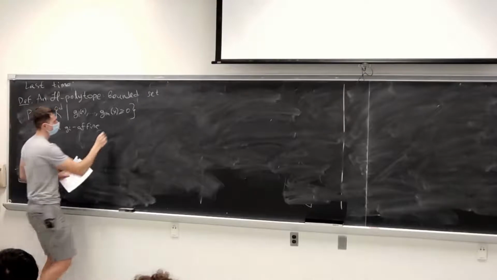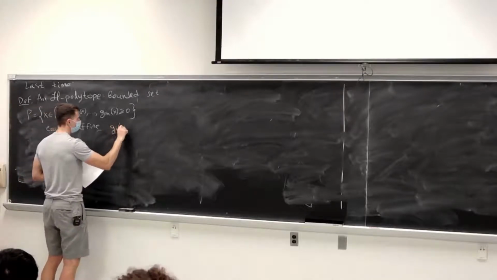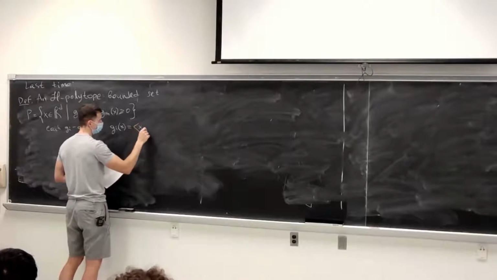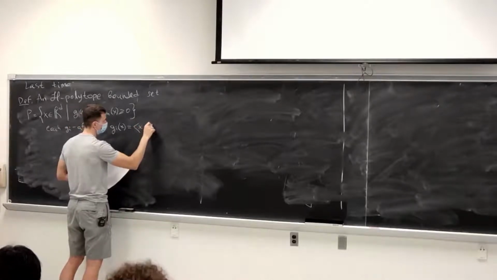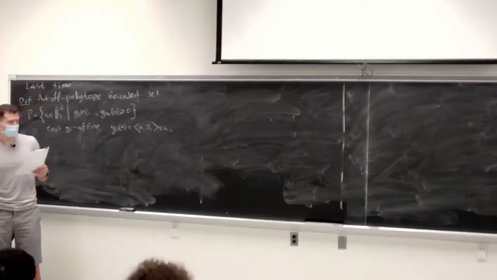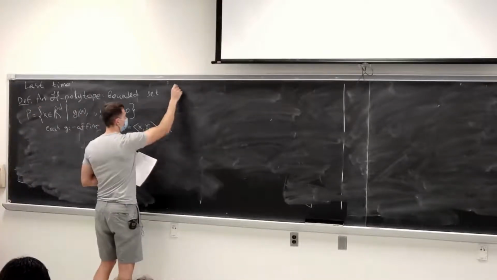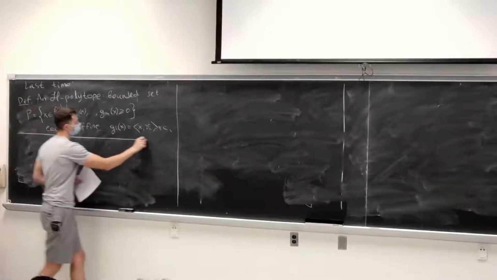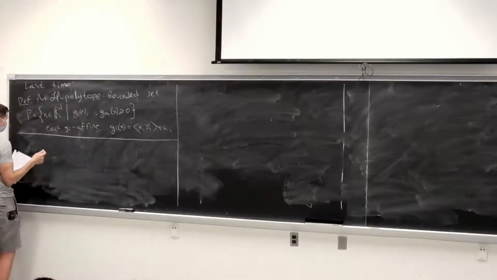So actually, in this lecture I'm going to write affine functions explicitly. So maybe it's the dot product of x with some vi plus some constant ci. And that's one definition. For H polytopes, we actually defined faces.